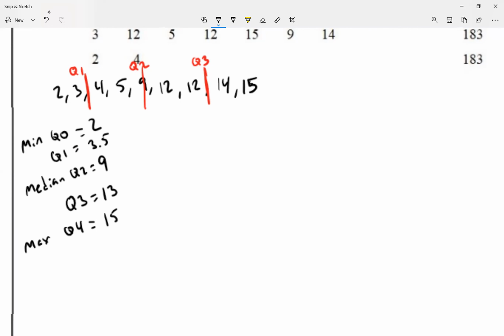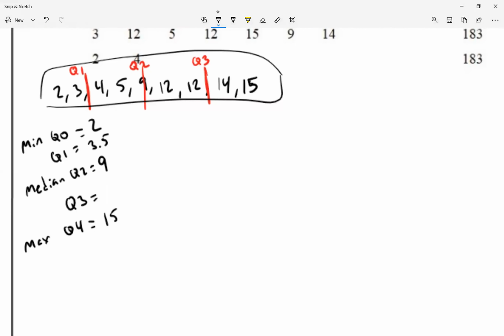Now, I can give you the list of numbers and you can easily find the 5-number summary, or I can give you the summary here. Let's say I give you the summary here, and then let's say I don't give you quarter 3. I want to play a little. Let's say I don't give you quarter 3 and I don't give you the list. So the list right here, let's assume is not there, okay?